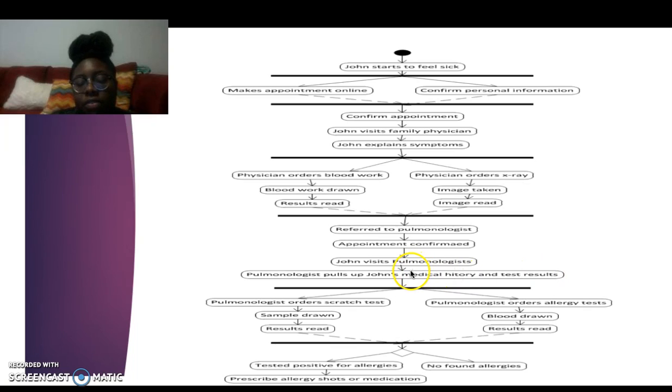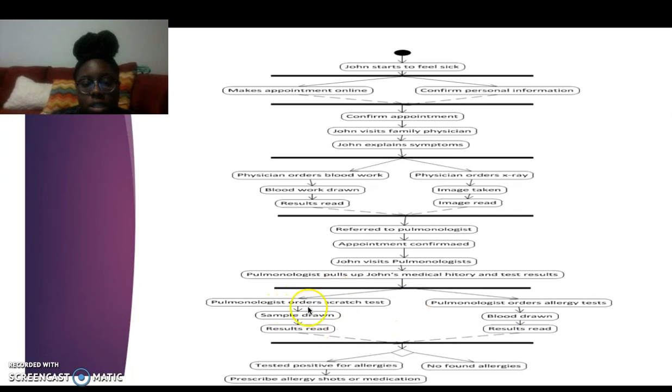And based off of that and the symptoms that John told him he's been experiencing, there then is another fork where the pulmonologist turns to order tests. So the pulmonologist orders a scratch test and other allergy tests like blood work. At the same time they're ordered, but they can be done at two separate times.